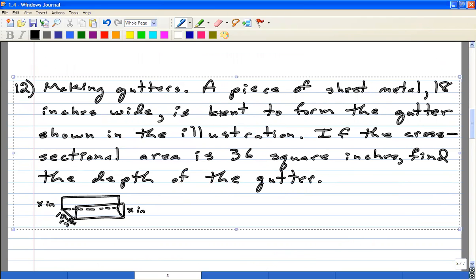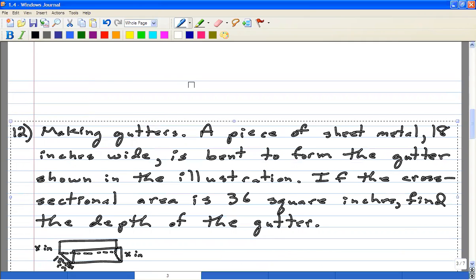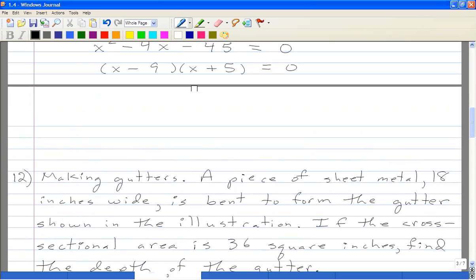Let me get a little bit more room here. And so let's set each factor to 0 and solve for x. Add 9 to both sides of my equation. Subtract 5 from both sides of my equation.